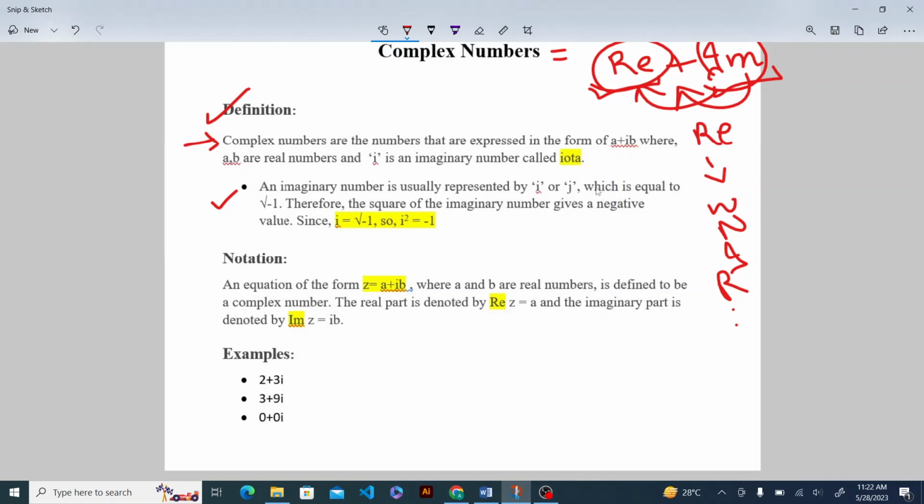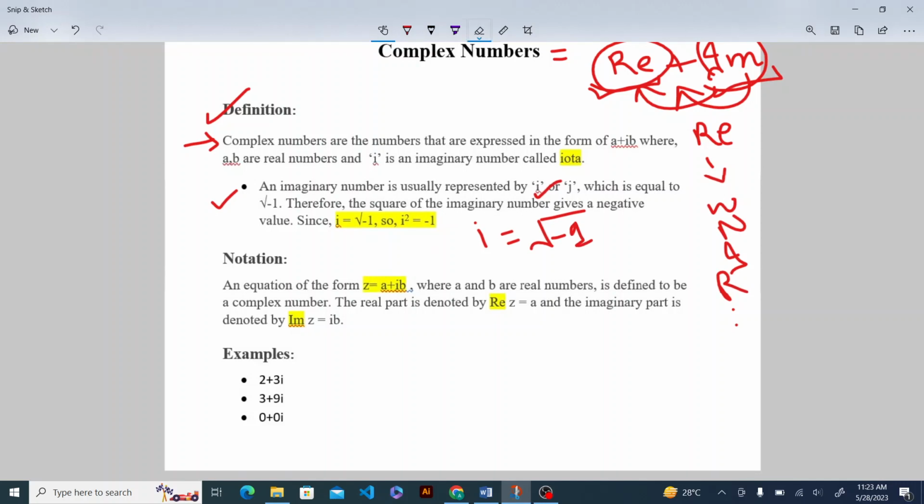Its value is the square root of minus 1. Therefore, the square of the imaginary number gives a negative value. Since i or iota is equal to the square root of minus 1, iota square will be equal to minus 1.